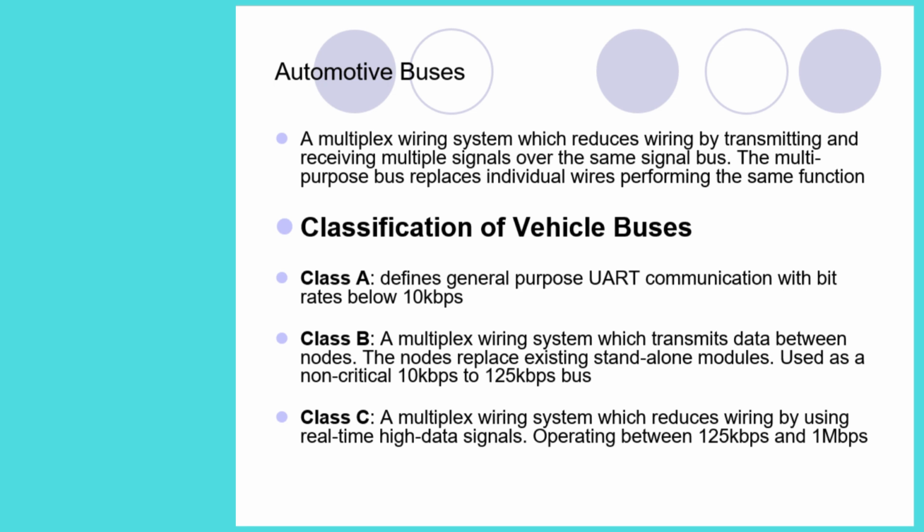The multipurpose bus replaces individual wires performing the same function. Automotive buses are basically defined by their speed, Class A being 10 kilobits per second, Class B 10 to 125 kilobits per second, and Class C 125 kilobits to 1 megabit per second. Class D systems may be faster.